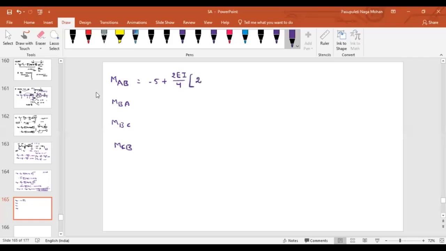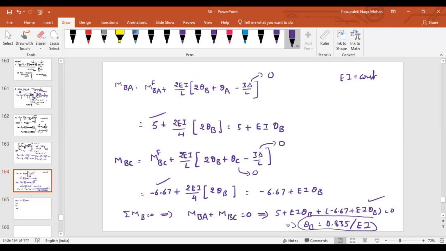What is the near end for this? A. What is the rotation at A? 0. Plus, what is the rotation at B? Theta B. Are we getting positive rotation or negative rotation? Positive. What is the sign convention that we have considered? Clockwise is positive. That means as theta B is positive, rotation at B is happening in the clockwise direction.